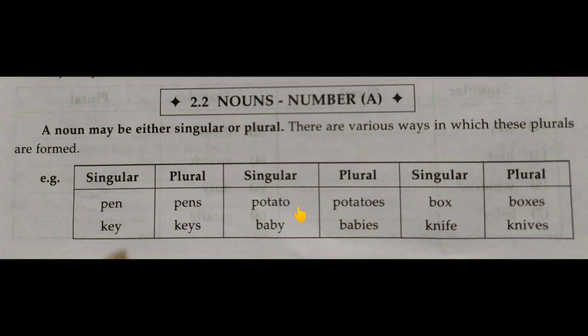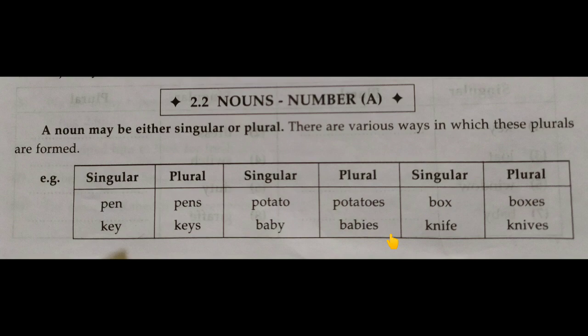Here what is added to the potato? es is added to its plural form. And here baby is a singular form and its plural form is babies, means y is converted into i and es is added.